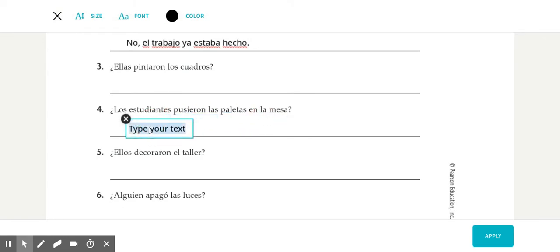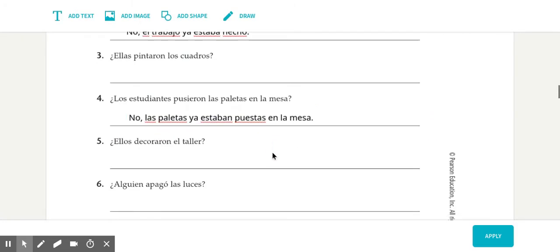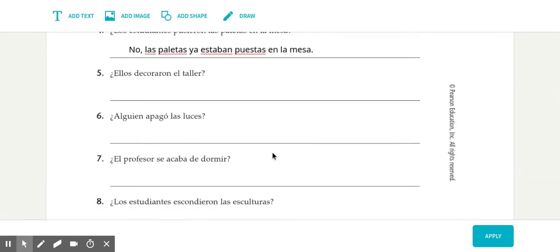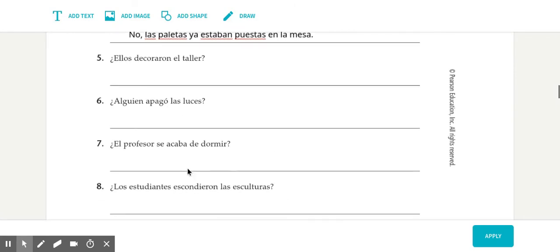You're going to say, no, they were already put on the table. No, las paletas ya estaban puestas en la mesa. They were already placed on the table. Okay? So you can go on with these.